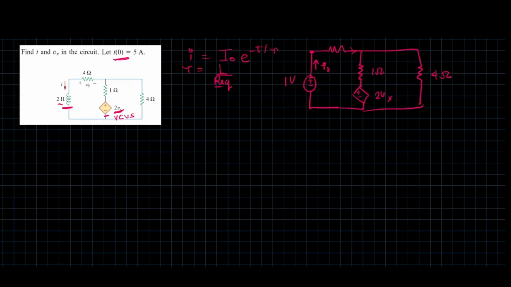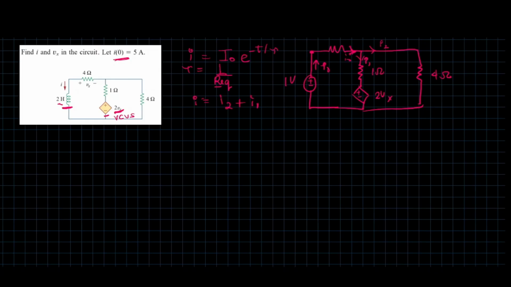When this I0 current reaches here, it is split into two branches, I2 and I1. Now we obviously know from KCL the sum of currents going into the branch, which is I0, is equal to the sum of currents leaving the branch.